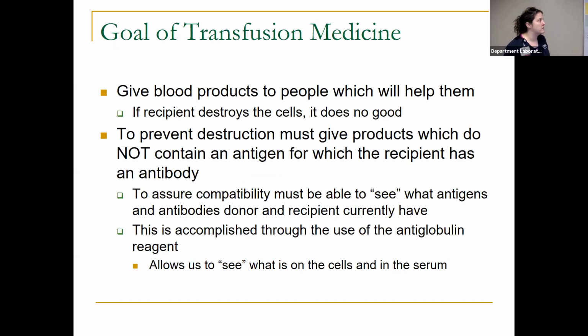You think about why this is so important. The goal, ultimately, of blood bank or transfusion medicine is to provide products that are safe for our patients. We want to replace what they're lacking. In the case of red cells, we're maybe giving them oxygen carrying capabilities. Maybe if they're having a coagulation disorder, we're replacing factors for them. We want to make sure that the product we give them is not going to be destroyed.